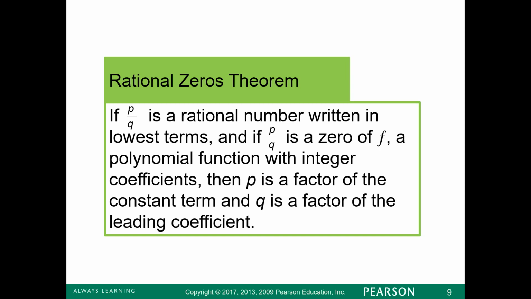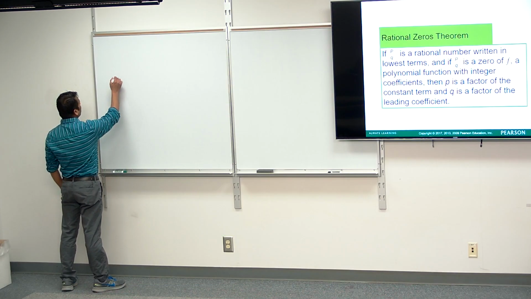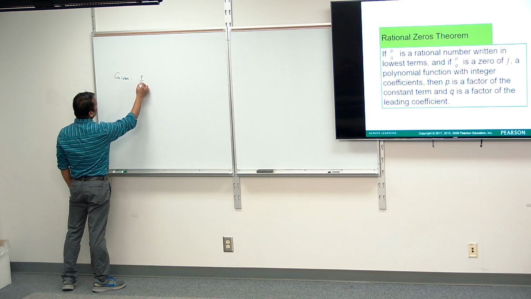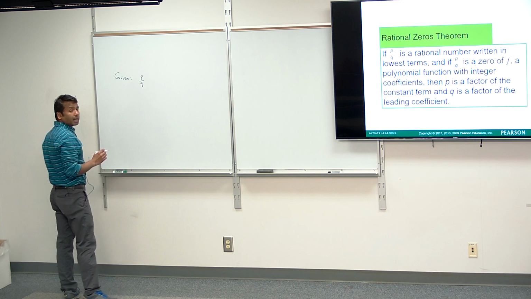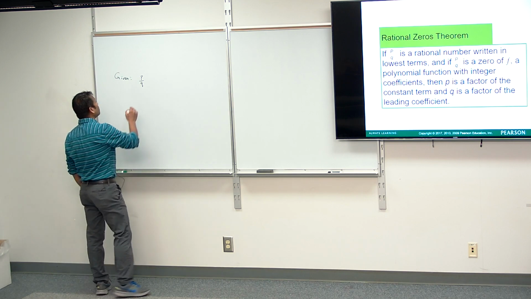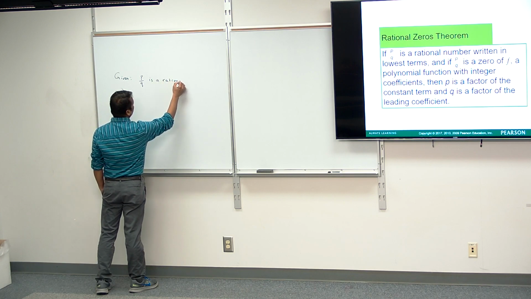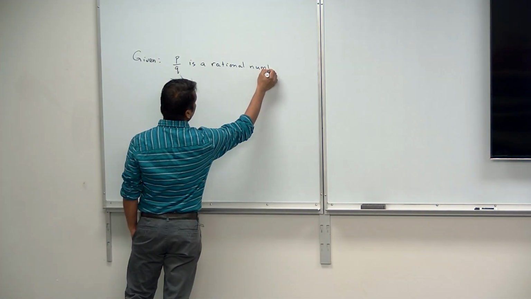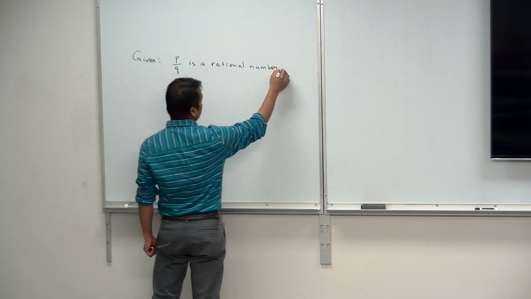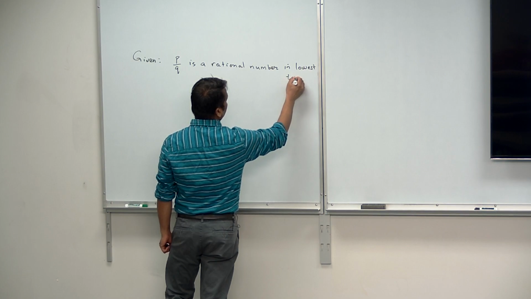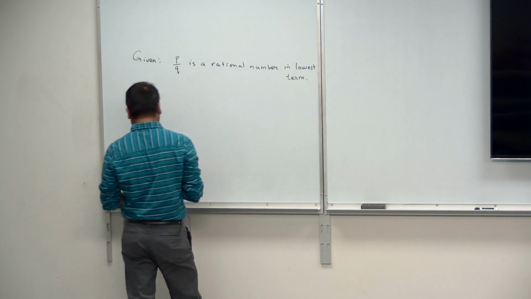So let me review that, okay? Given P over Q is a rational number in lowest terms.